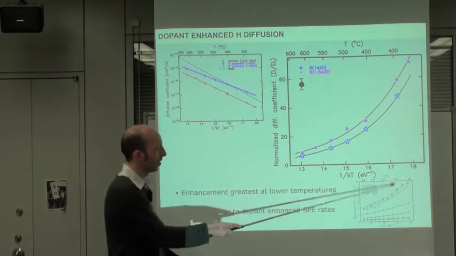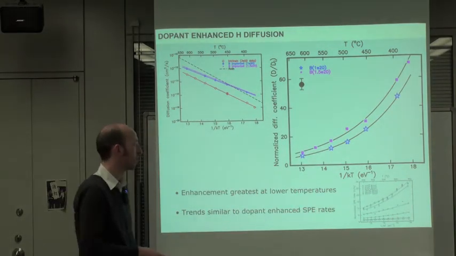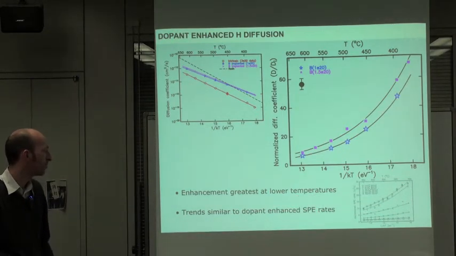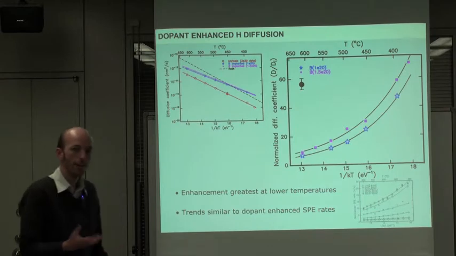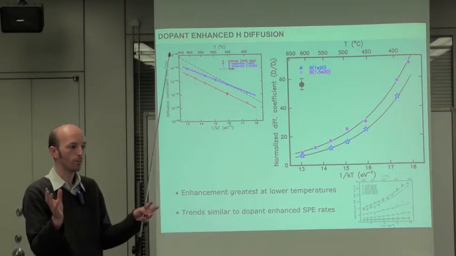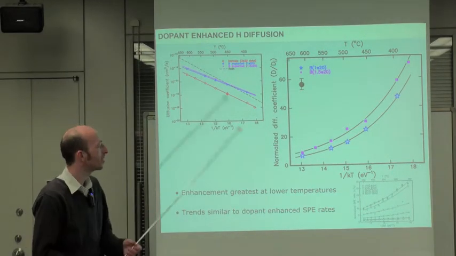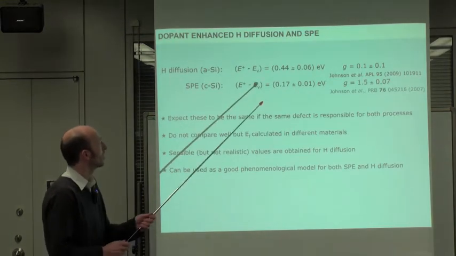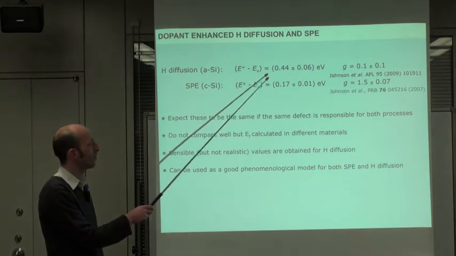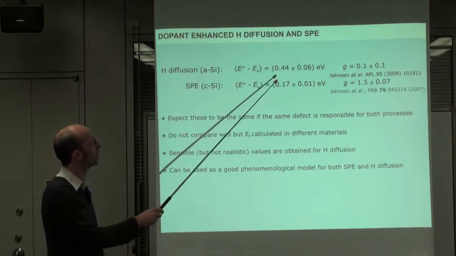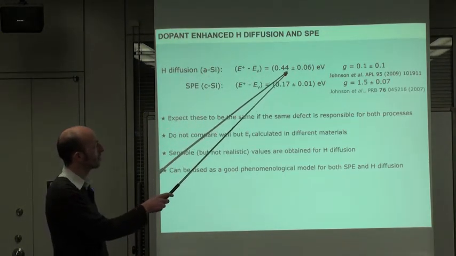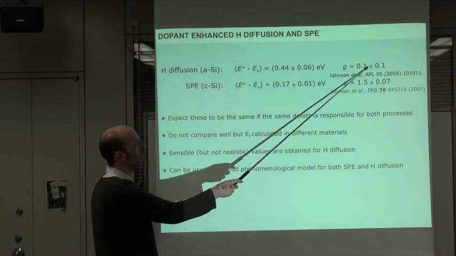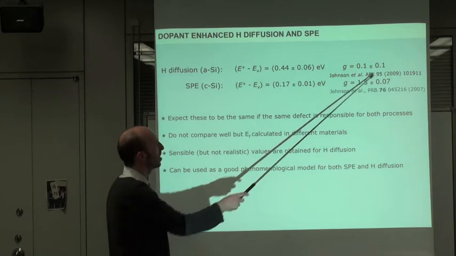Again, the same as in the solid phase epitaxy velocity case. So this is extra evidence that these two processes are linked somehow. But the model, when we applied it to hydrogen diffusion, came out with very different numbers here. A little bit unrealistic, plus or minus -1 here.